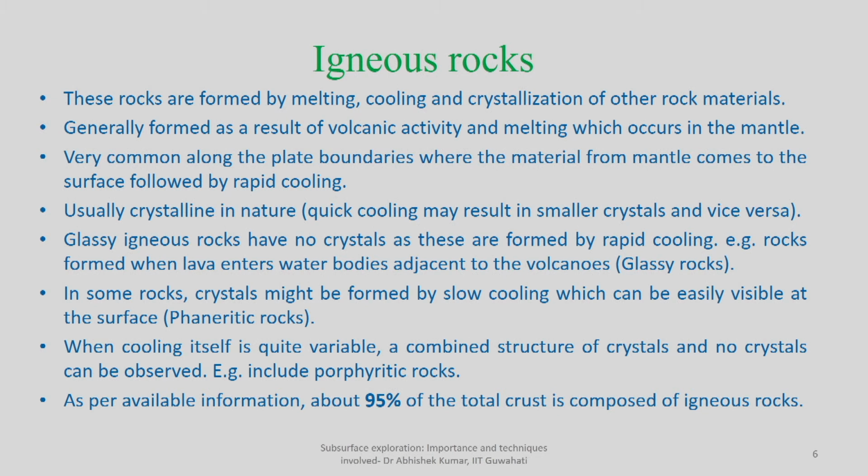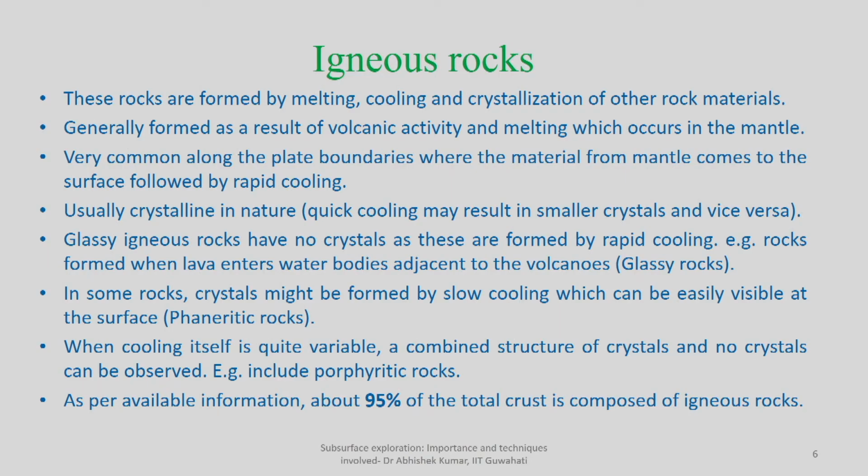As you know, in comparison to below the groundwater table, the temperature at the surface is significantly lower, so it will start cooling. When it starts cooling, the lava coming onto the surface makes igneous rocks. They are usually crystalline in nature, as I mentioned earlier. Quick cooling results in smaller crystals, and slow cooling results in coarser crystals.